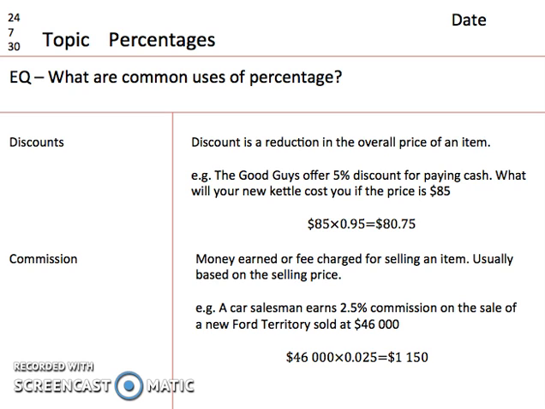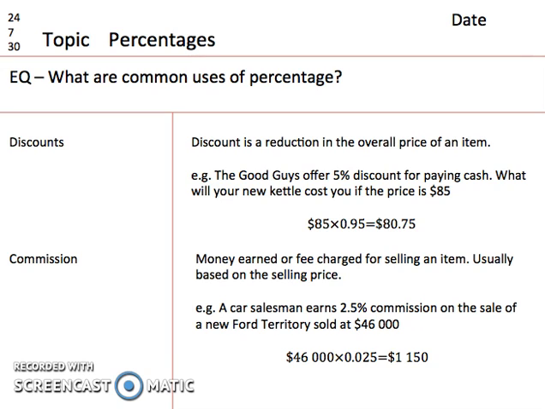Now, commission. This is earned by salesmen, whether they be selling property, cars, any sort of item. A commission is an amount that is paid to the salesman based on the price of the item that has been sold.